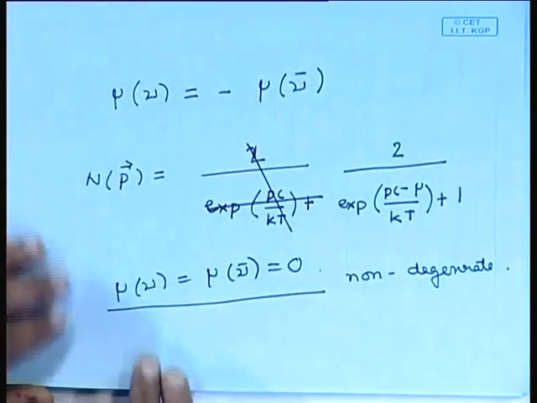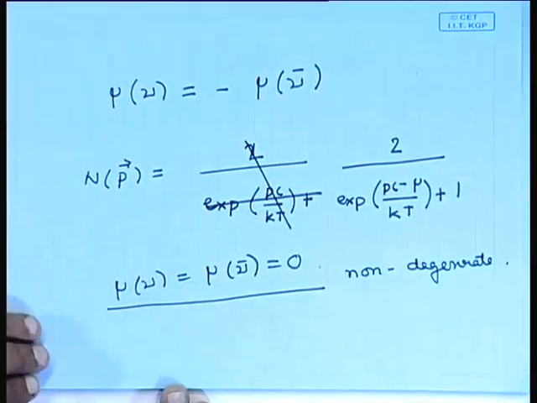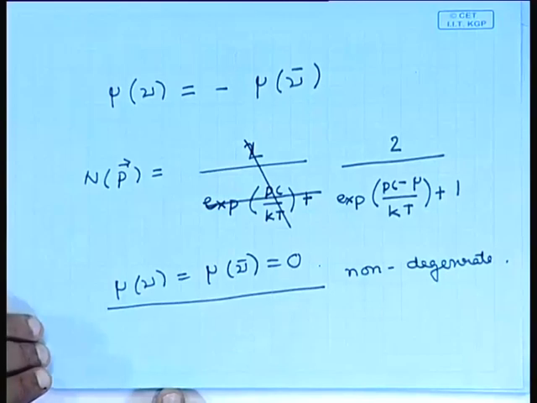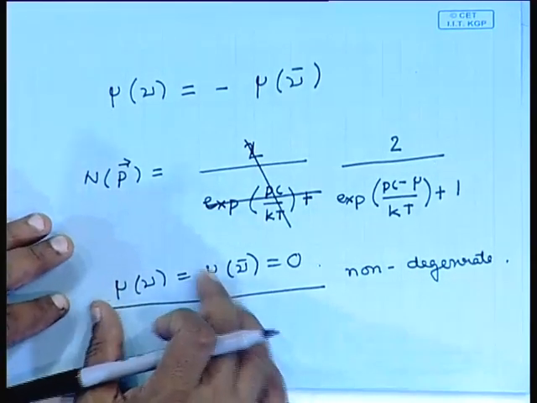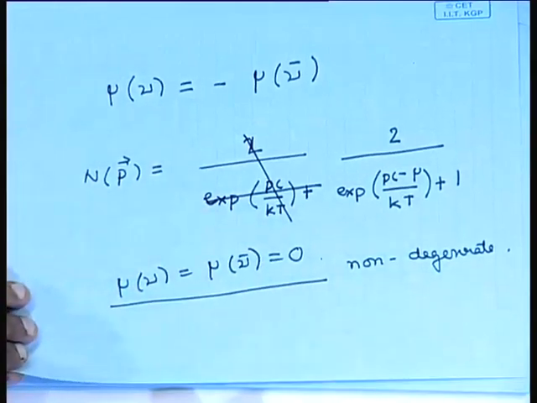So we are going to assume that the chemical potentials are 0, that they are non-degenerate. If the chemical potentials are not 0, then you will have different number densities for the neutrinos and the antineutrinos.